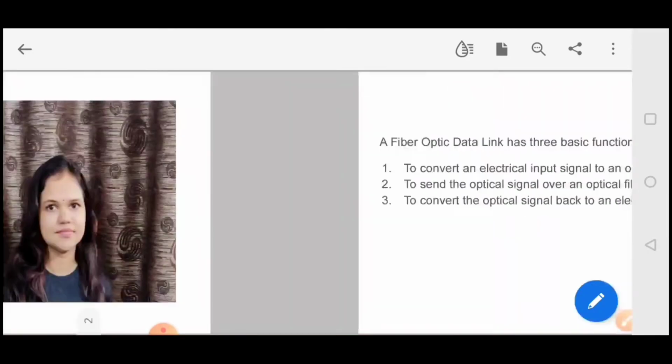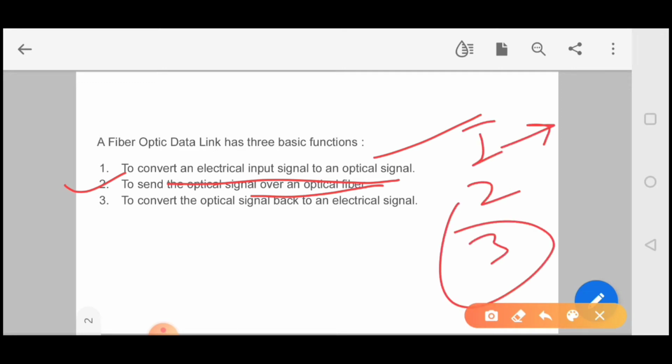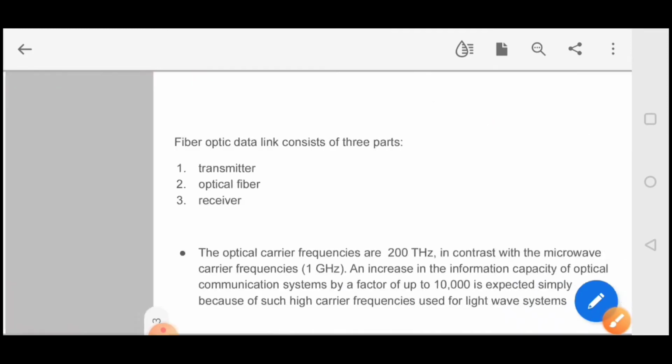So let's begin with the basic theory to convert the electrical input signal to an optical signal. In the second point, to send the optical signal into an optical fiber, there are three stages. First, convert the signal into optical form, then send it in the optical fiber, and then again convert the optical signal back to an electrical signal.